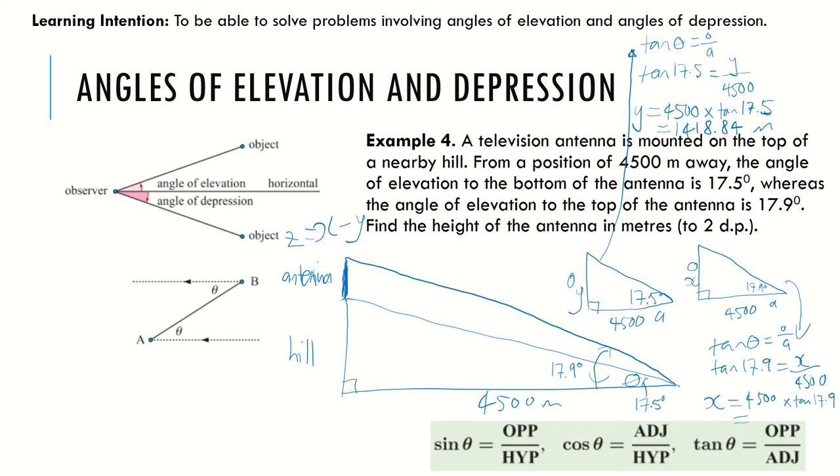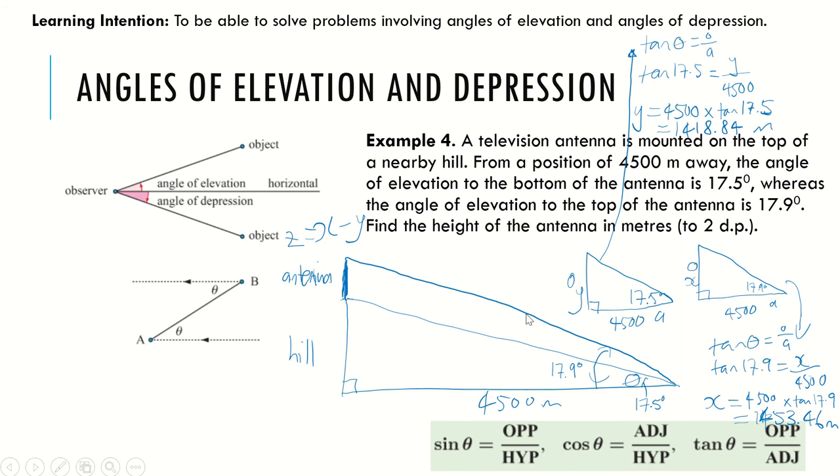And if we type that into our calculator, 4,500 multiplied by tan 17.9, we will get 1453.46 meters. So obviously the bigger triangle was slightly higher, 1450 versus 1418.